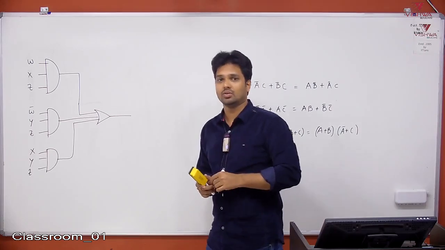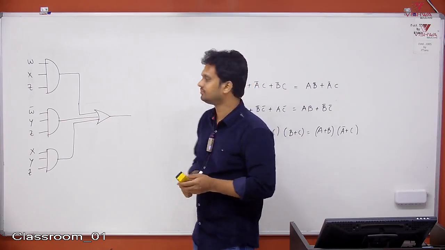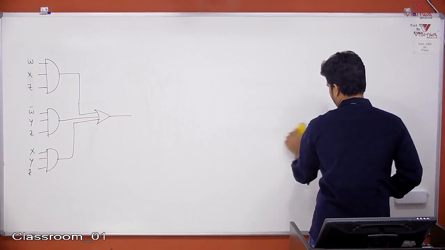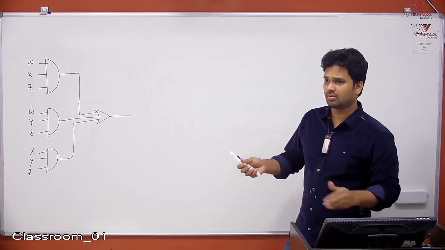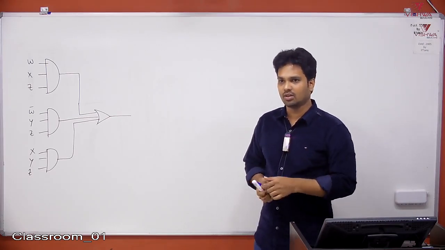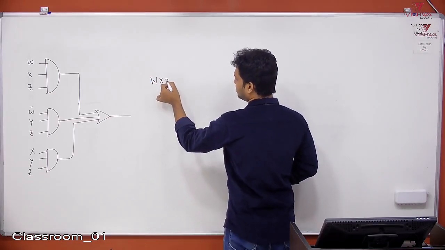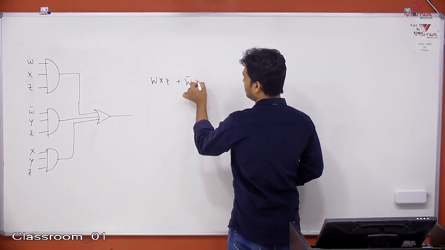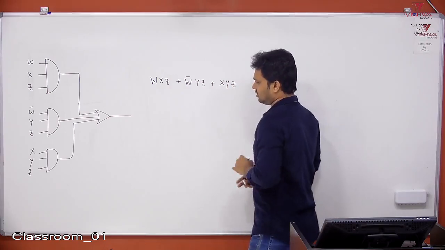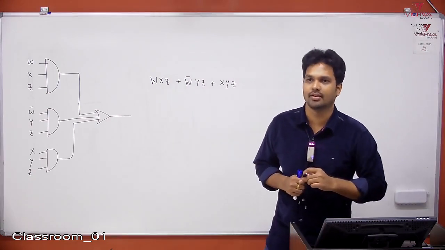Based on this, which one is a redundant gate? Let me try to find it. From whatever we have discussed from the problems available, we can find it very easily. Listen. WXZ, W bar YZ, XYZ. Is there any consensus law here?